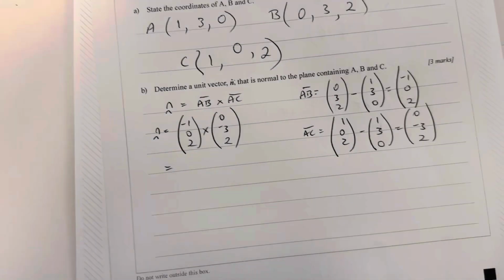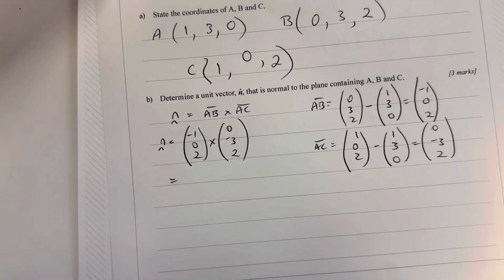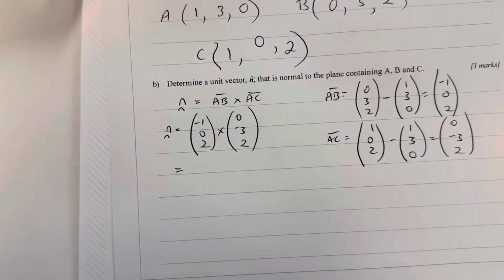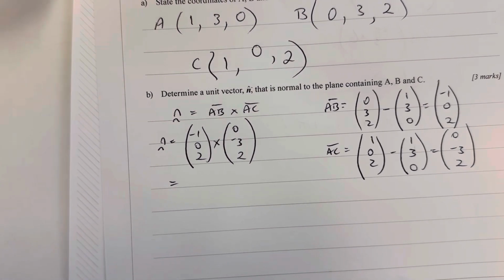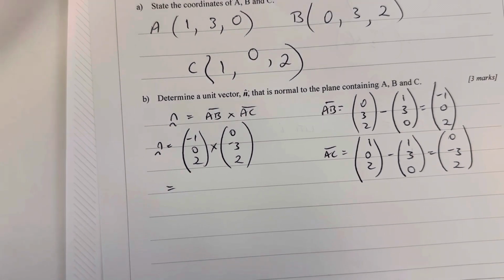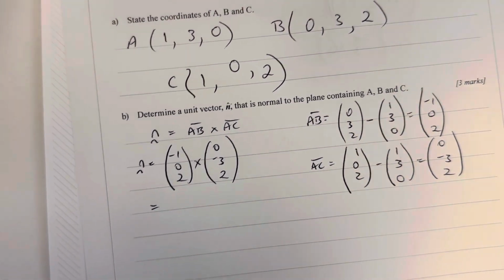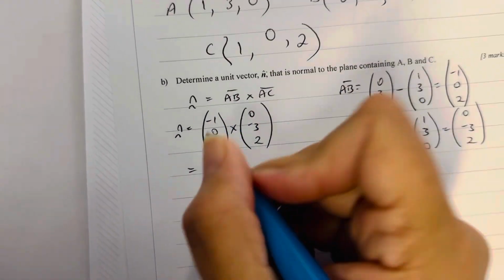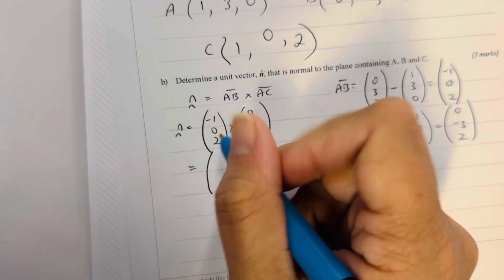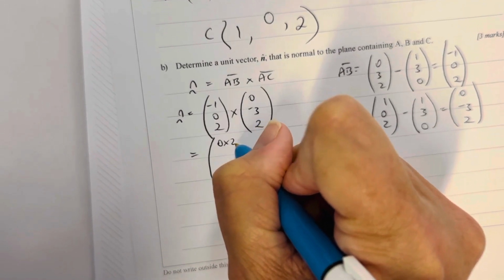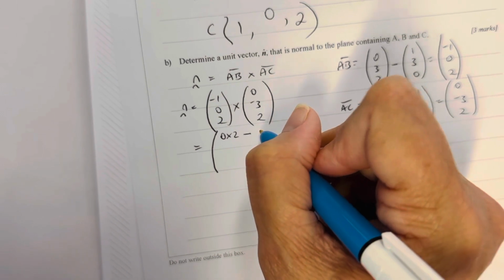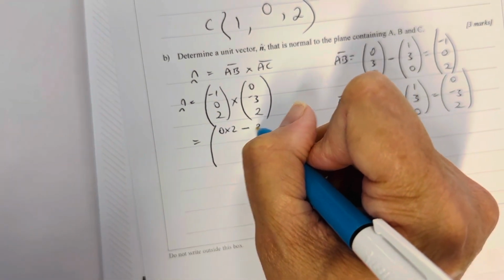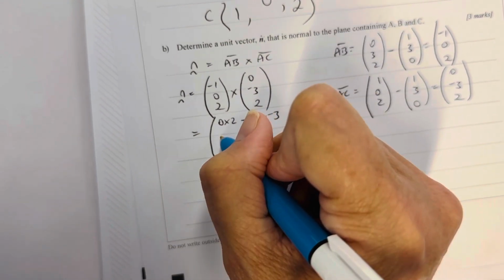Now this is tech free, so you're going to want to use your rule on your rule sheet for how to do a cross product. So straight off our rule sheet, we're going to have 0 times 2, take 2 times -3.